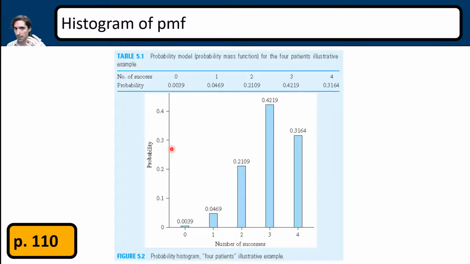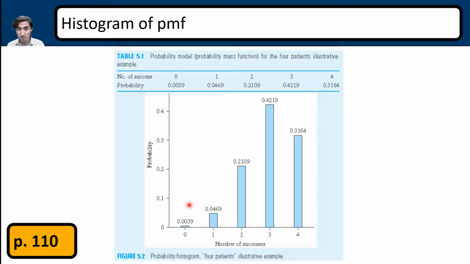So using math and finding the probability, it actually shows that the probability of no one surviving from that procedure is highly unlikely. It's less than a 1% chance of that happening.